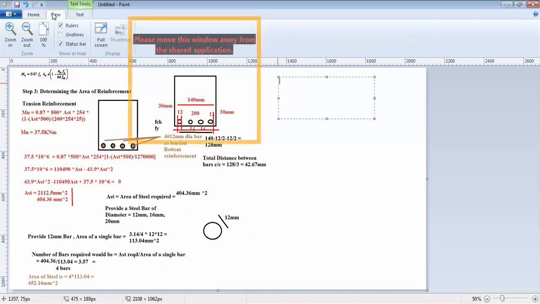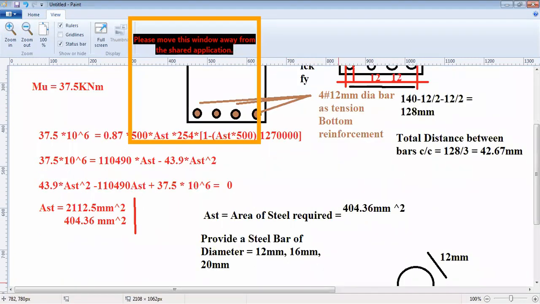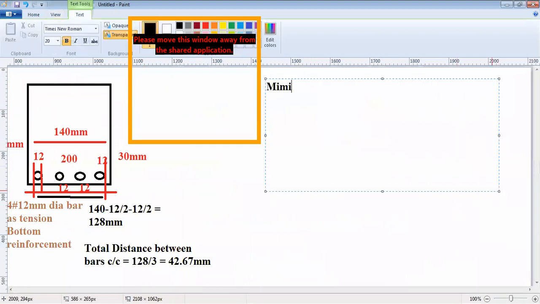The next requirement that we need to check is whether it's meeting minimum area of steel reinforcement.